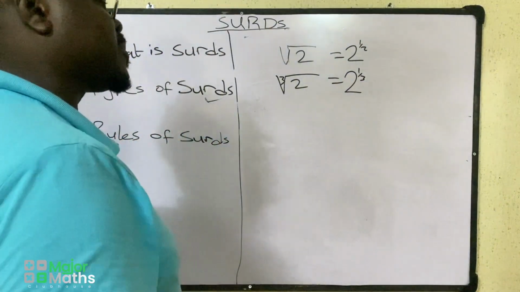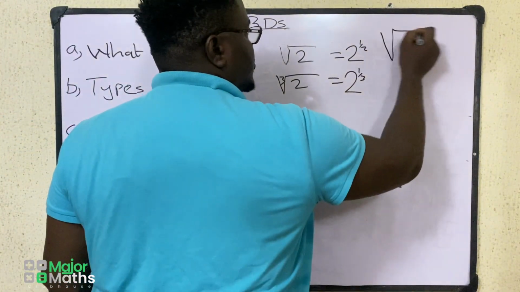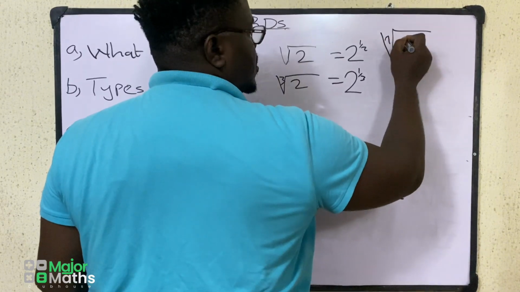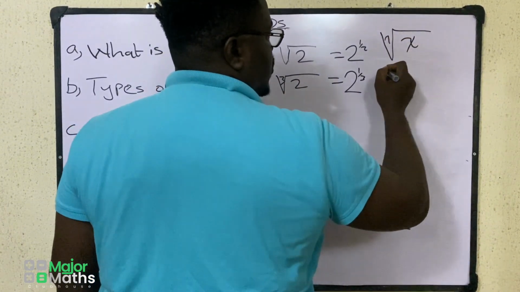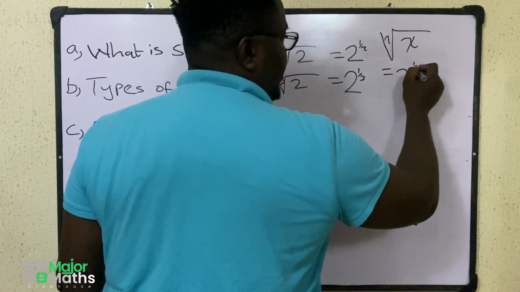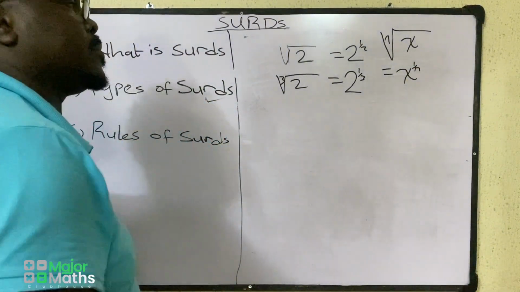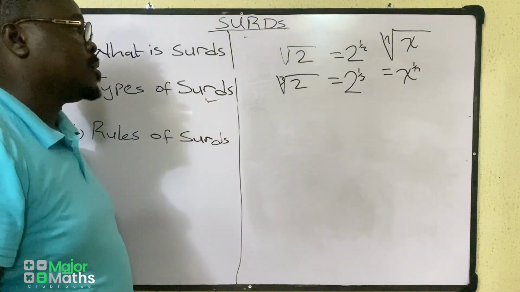Basically, the nth root of x will always be equal to x raised to the power of 1 over n. It can be expressed like this.